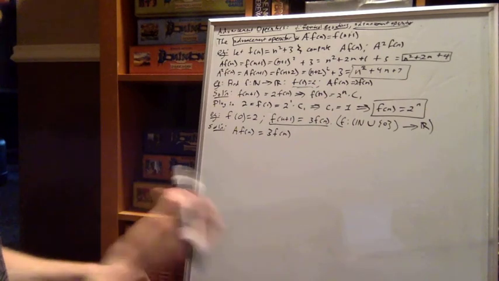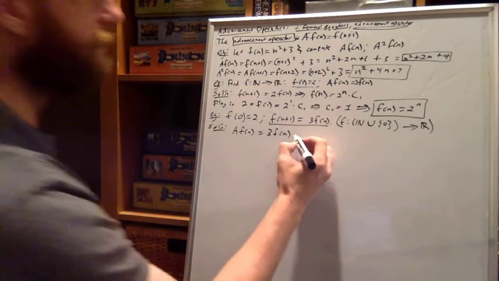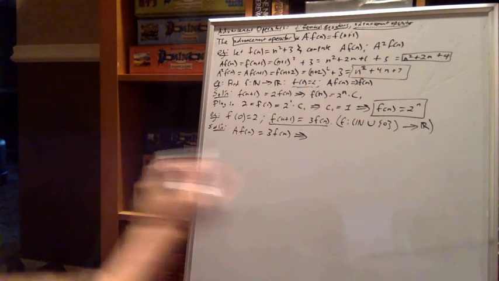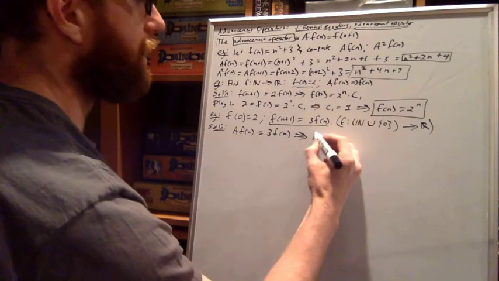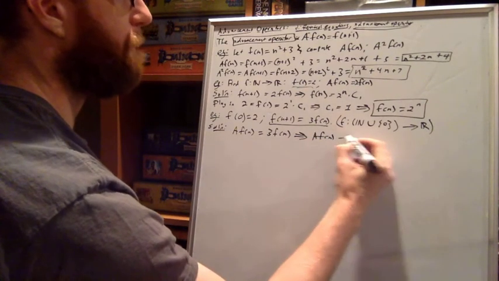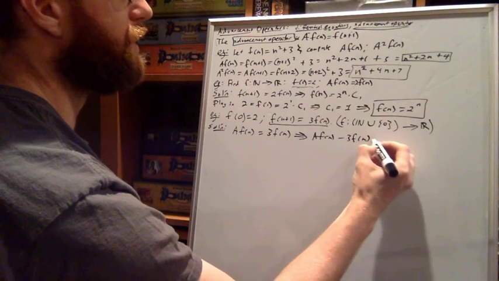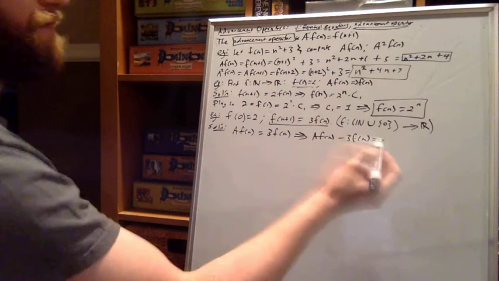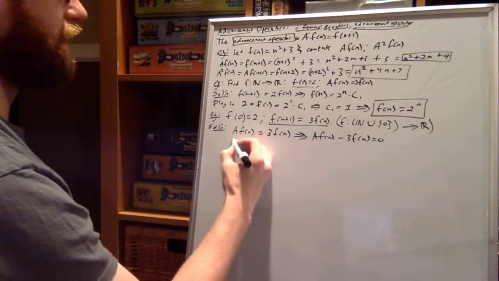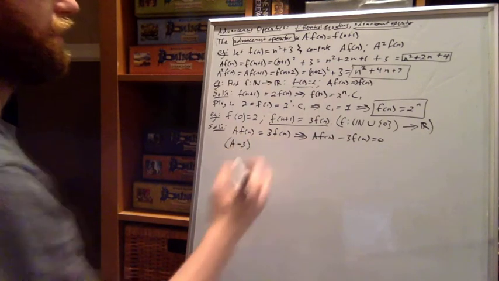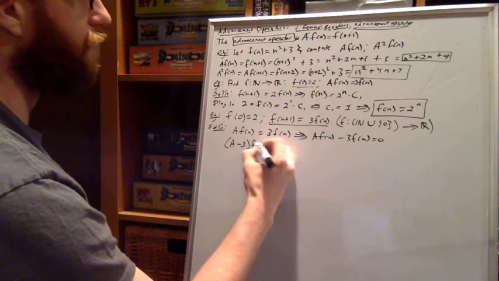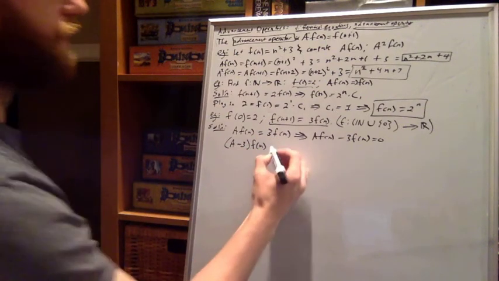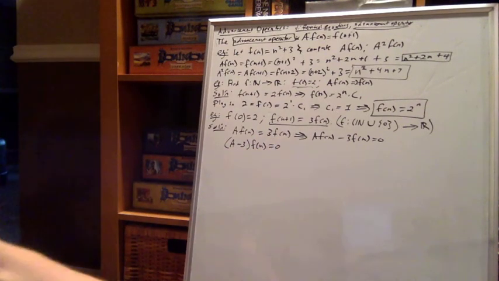But now I'm going to use it to organize my thoughts a little bit differently. I'm going to put everything over to one side and get af of n minus 3f of n equals 0. And now that I've got everything over on one side, I can factor out the f of n, and I get a minus 3 times f of n, or a minus 3 operating on f of n, equals 0.